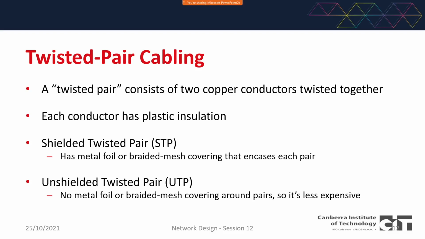Now, the shielded twisted pair is more expensive and is recommended whenever we have a factory, for example, where we have big motors and big devices that cause electromagnetic interference. Shielded twisted pair is strongly recommended. Okay. For standard applications such as home applications, small to medium-sized businesses, unshielded twisted pair is more than enough. It will do the job, and that's it. Right?